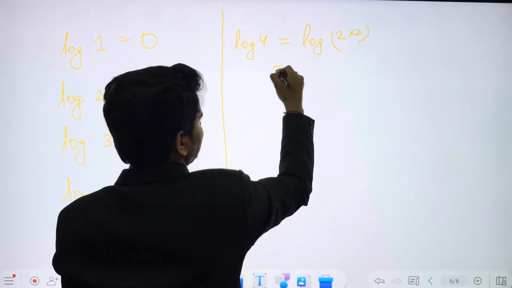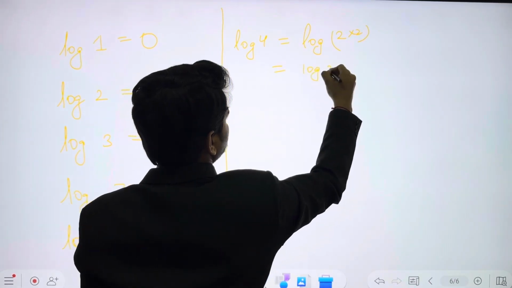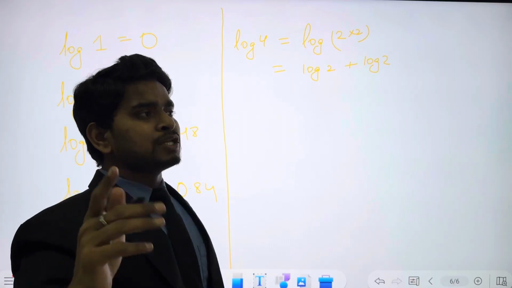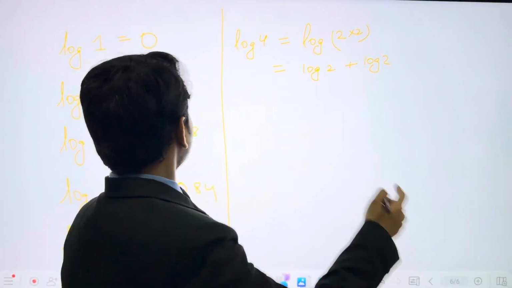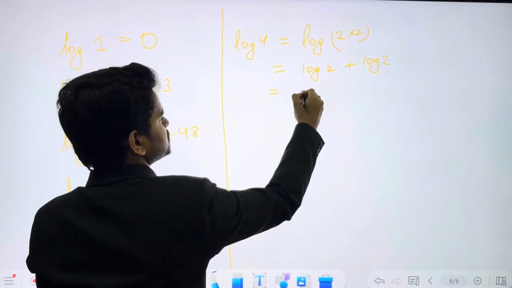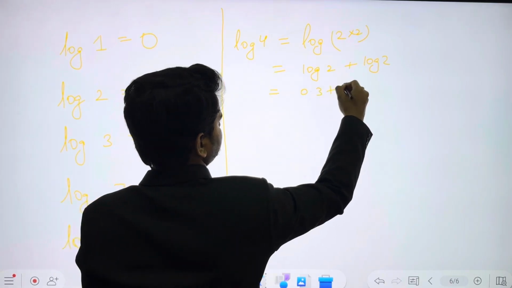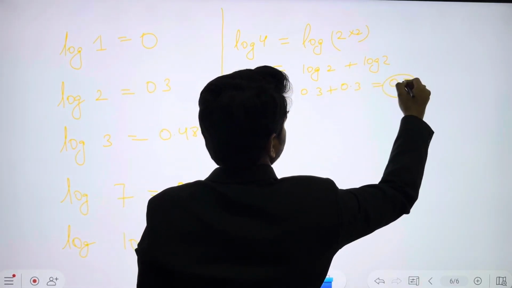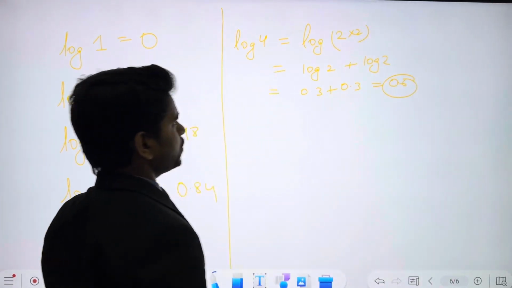And this can be written as log 2 plus log 2. I believe you remember the property: log A into B can be written as log A plus log B. And we know log 2 is 0.3. So 0.3 plus 0.3 is equal to 0.6. That's the value of log 4.